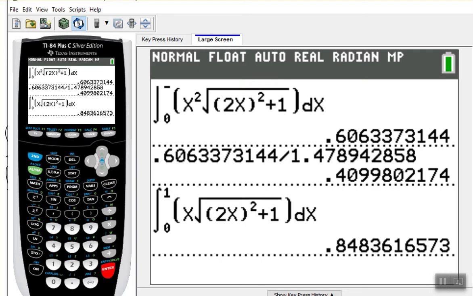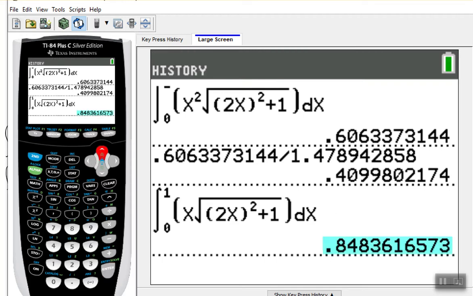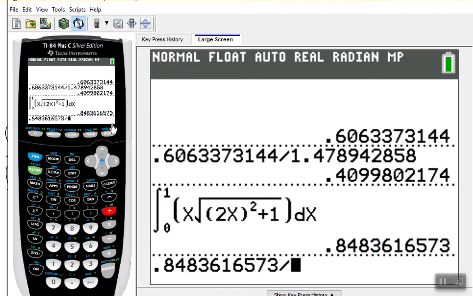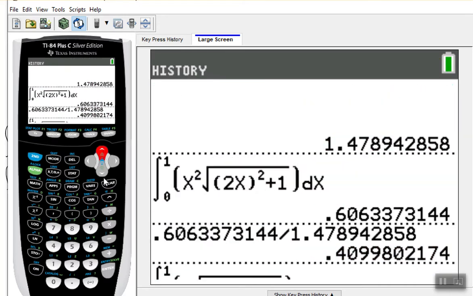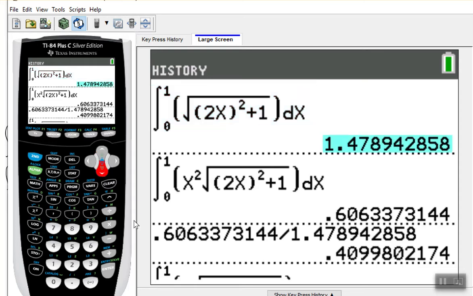Okay, so that's the integral of y tilde dl, 0.848. And to find the location of y, that's this number divided by dl, 1.479.